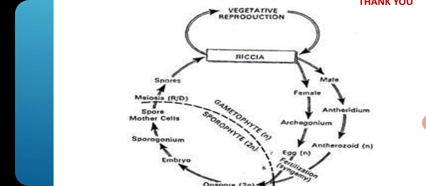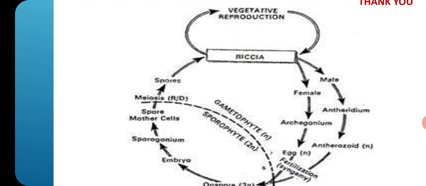The gametophytic generation is haploid, N, and the sporophytic generation is 2N. In Riccia, the thallus itself is gametophytic, meaning it has N number of chromosomes. The Riccia thallus produces two kinds of sex organs. The male sex organ is known as the antheridium and the female sex organ is known as the archegonium. The archegonium produces the egg and the antheridium produces the antherozoid or sperm.